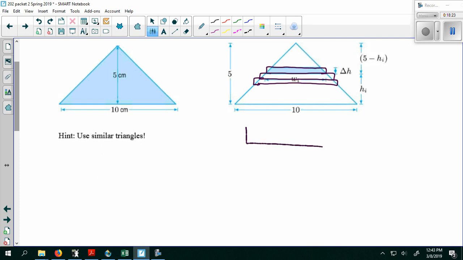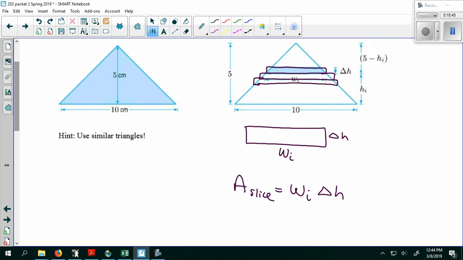This representative rectangle has a height delta h, and this is w_i, the width at h sub i. So the area of this thing is just w times h, the area of a rectangle, w_i times delta h.